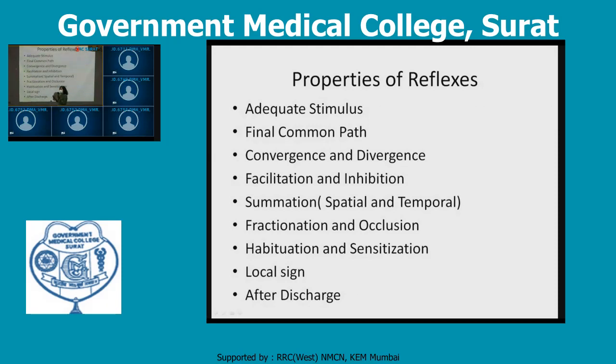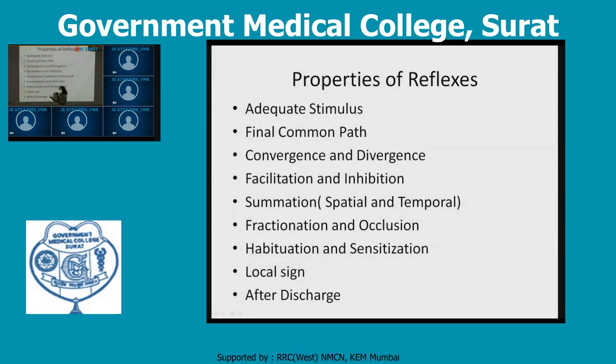Their EPSP will be generated, but an action potential is not generated. So another time when the stimulus is applied, they also start firing, and an increased effect is brought about, that is facilitation.